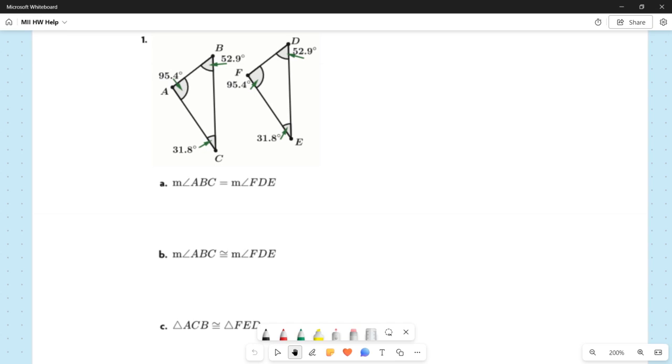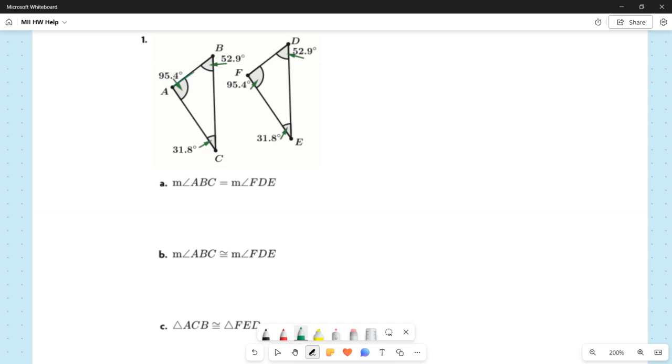So for angle ABC, if we trace the ABC, I'm going to start at A, go to B, and then go to C. It's going to look like this. Do that again. Okay.